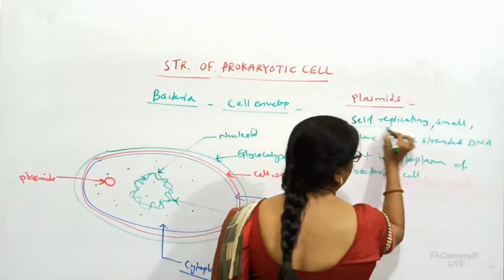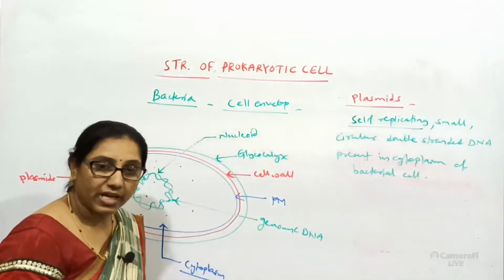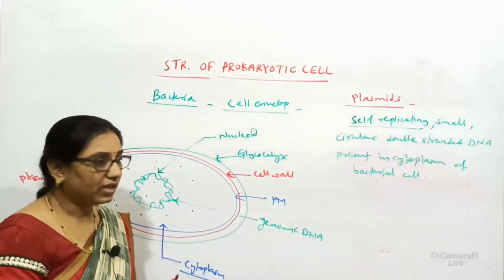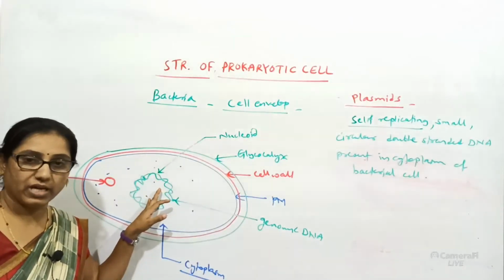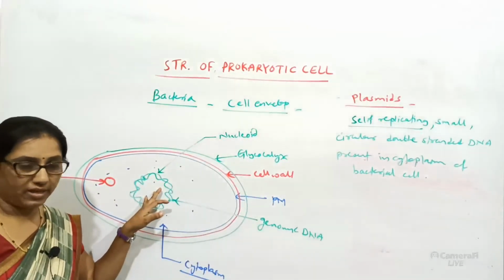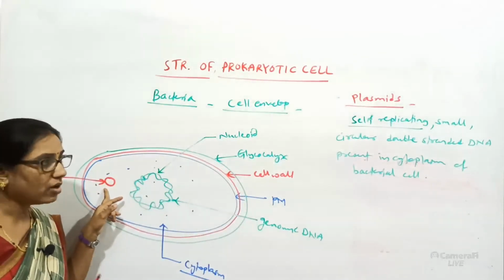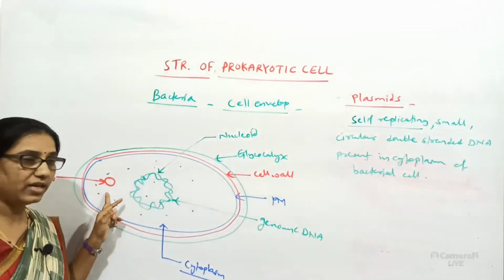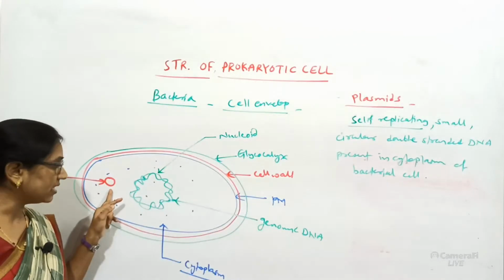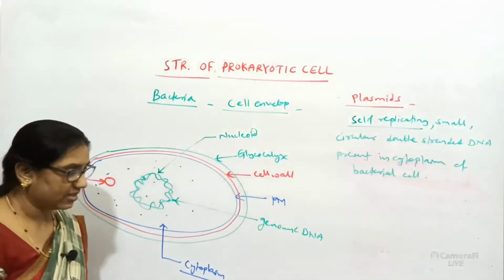So these are self-replicating. The meaning of self-replicating is they divide by themselves. For their division, they do not depend on the genomic DNA or chromosomal DNA. They prepare their own copies. Small in size, circular DNA without free ends, double-stranded, and present in the cytoplasm of the bacterial cell.